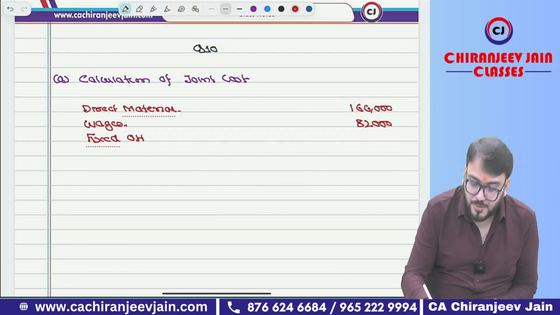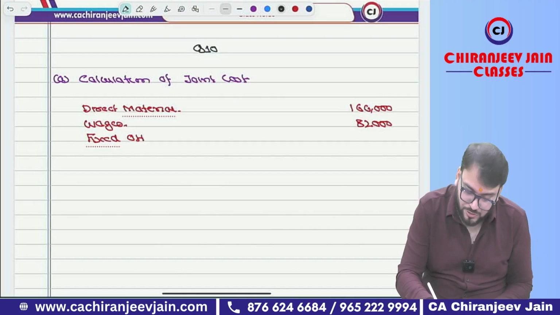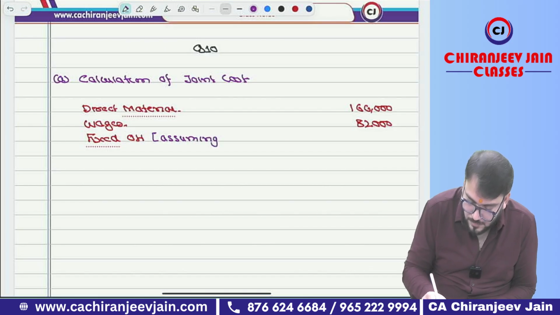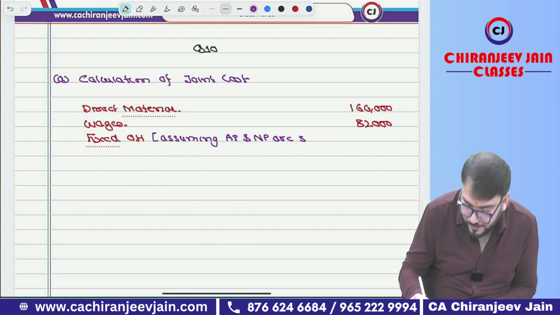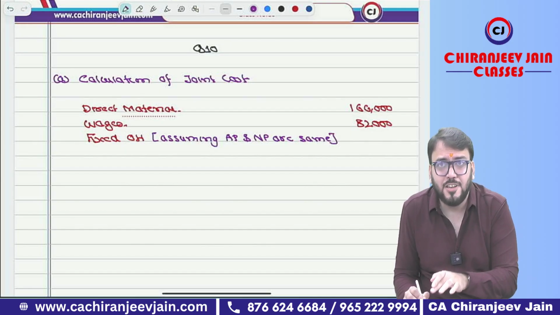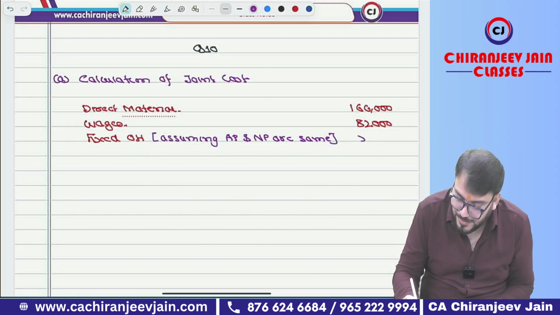Fixed overhead. So actual production and normal production are same. Assume actual production and normal production are same. This is the only assumption that needs to be taken. If nothing is given, this is the general assumption and this entire amount will be taken. That is 58,000.